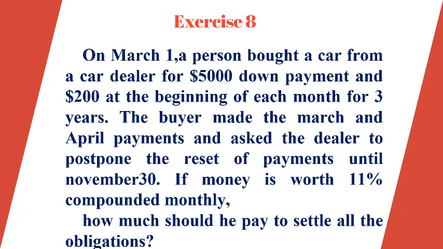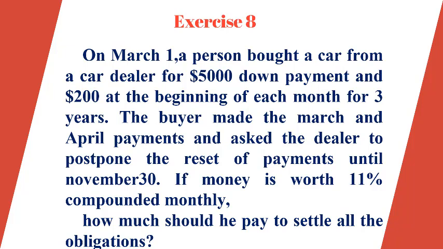Note that we have an annuity each month for 3 years. So if he paid the March and the April, then we have May, June, July, August, September, October, November.